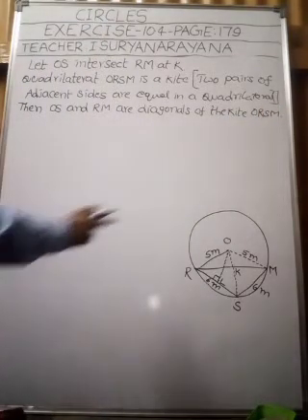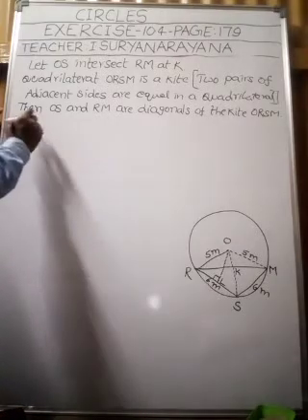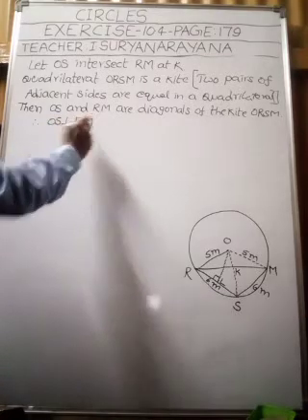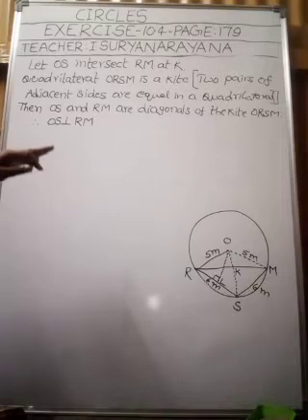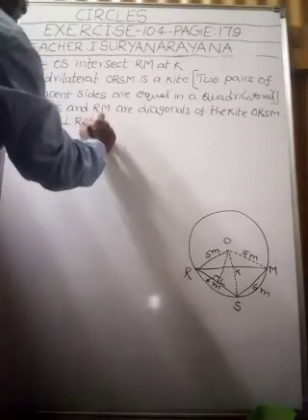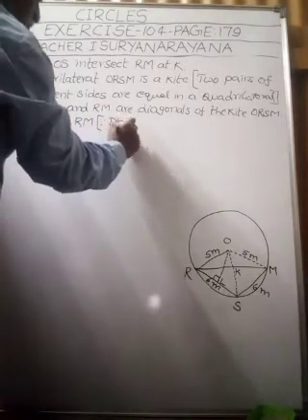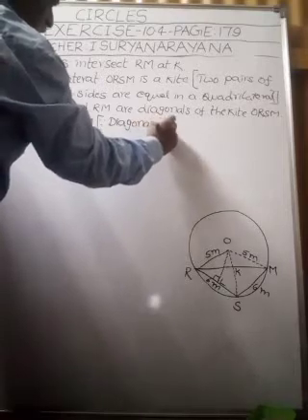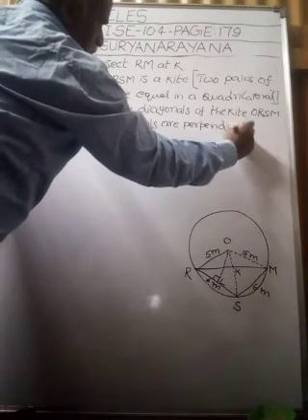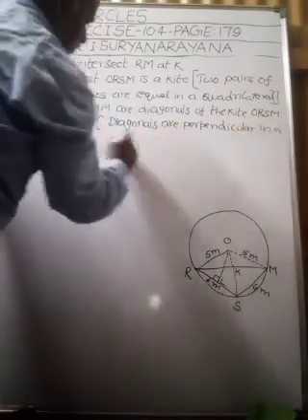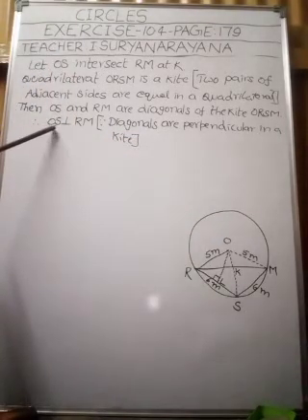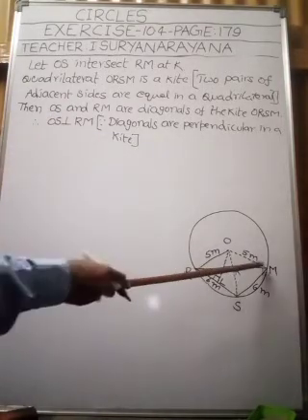Therefore, RM is perpendicular to OS, or OS is perpendicular to RM, because in a kite, the diagonals are perpendicular. So by this property we have written that OS is perpendicular to RM.